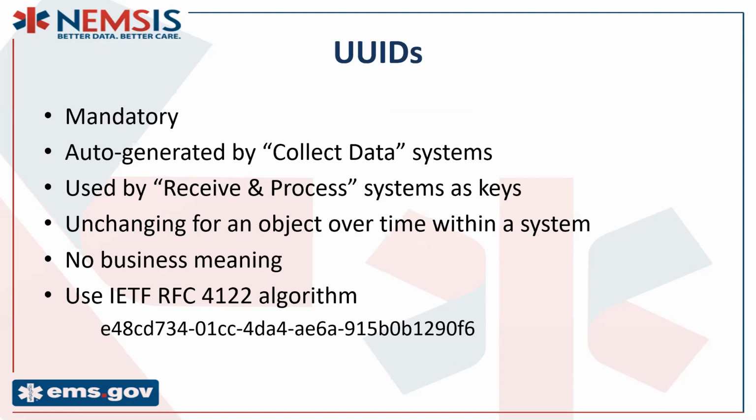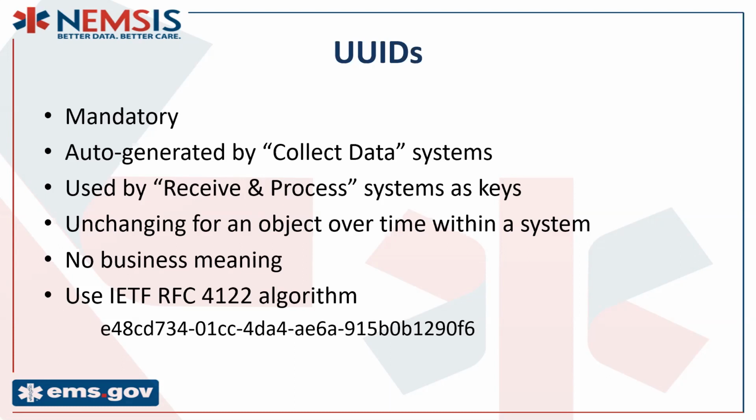UUIDs are an under-the-hood, technical level change that are going to make it easier for state-level systems to process incoming demographic data and patient care reports, to understand, for example, when a personnel or a vehicle within an agency is modified. Currently, it can be hard for a receiving system to recognize which object was modified, especially if things like the personnel's name, birth date, and state license number were all changed.